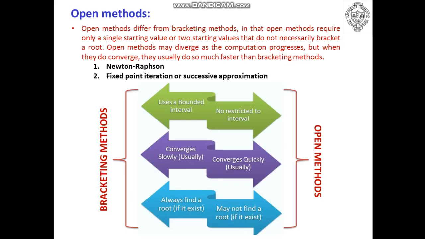Open methods have no restriction to the interval. Their convergence rate is faster than bracketing methods, but it is not assumed that they will find a root. It may not find the root.